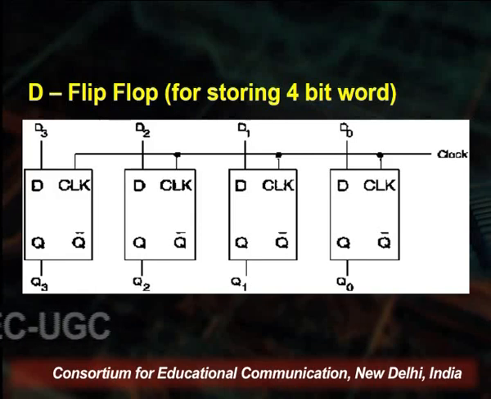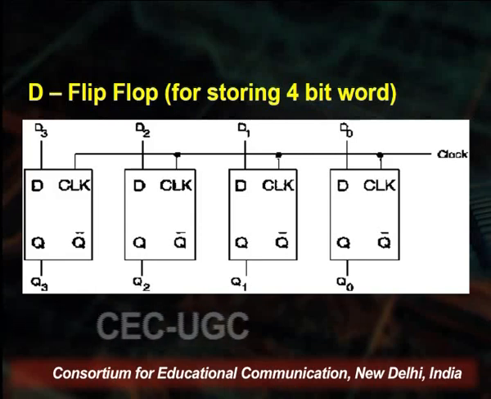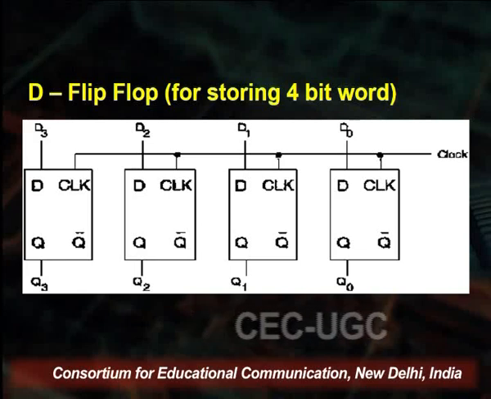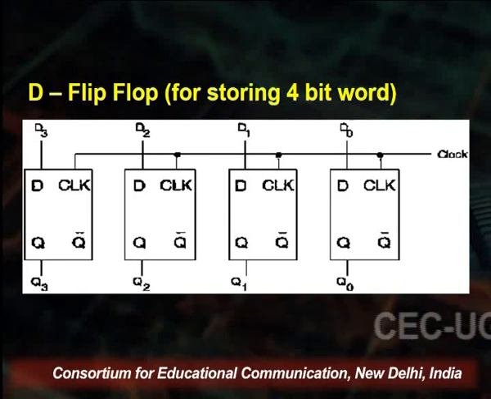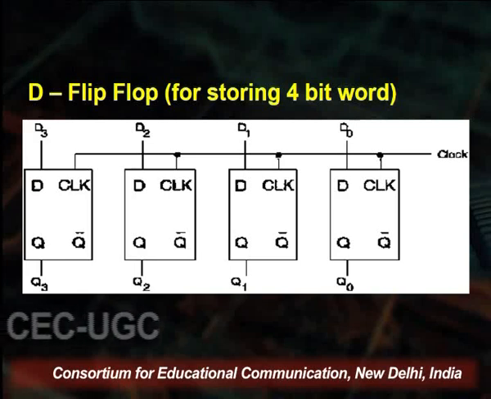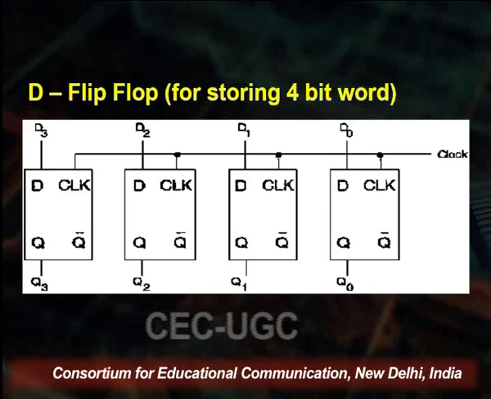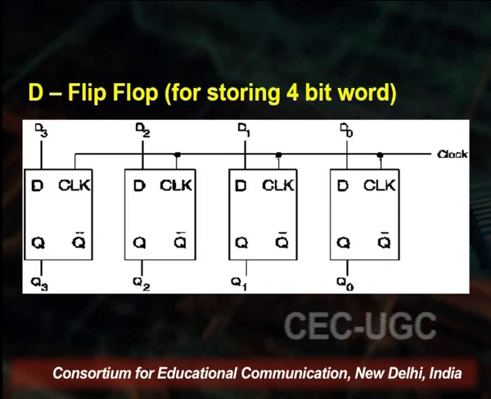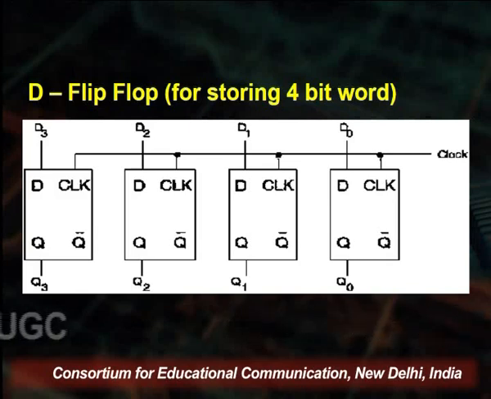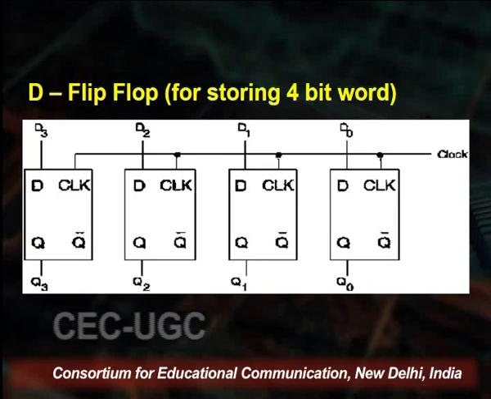When we have a new data input, when D3, D2, D1, D0 happen to have a new data input, then we again energize the clock and feed in the data. Hence, in this case, the clock actually helps us enable or disable the storage.